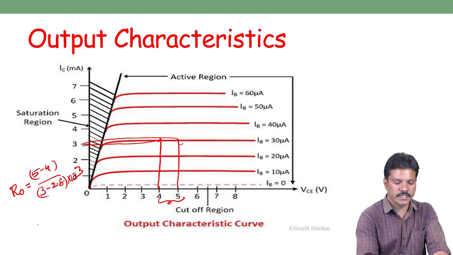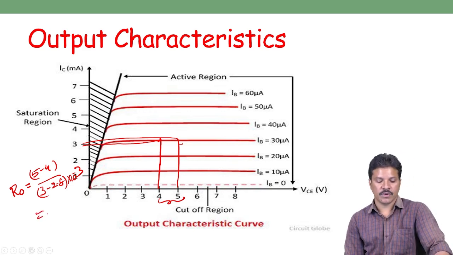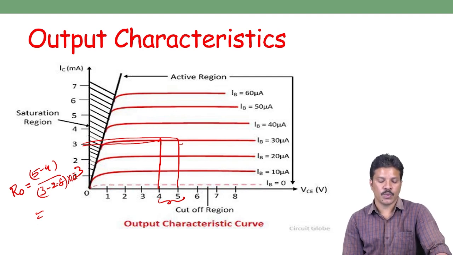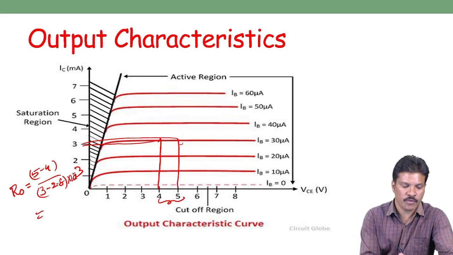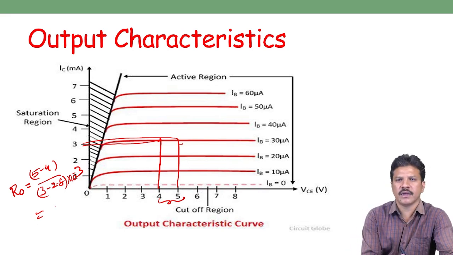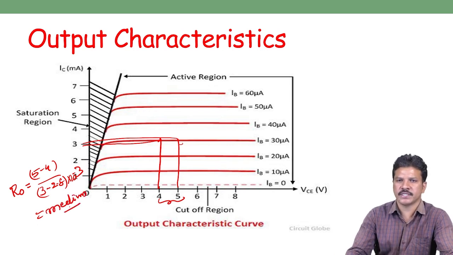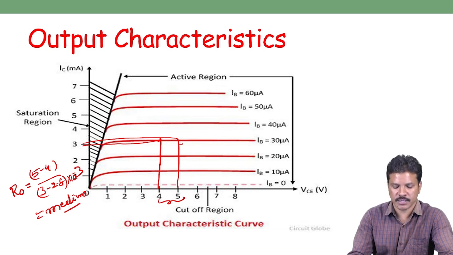This kind of resistance we can measure. So 5 minus 4 is 1, divided by 0.2, means some 5 kilo ohms. Medium output resistance, and medium input resistance we measure from the input characteristics.